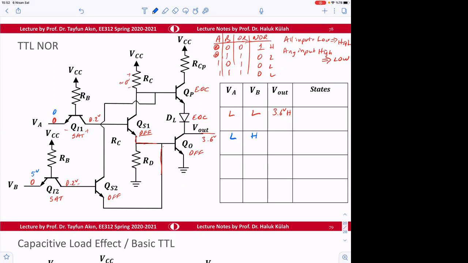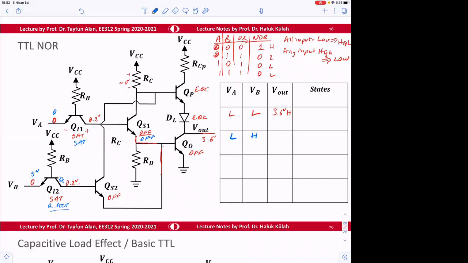If we apply 5 volts, what is the state of QI2? This junction is on. Reverse active, yes. So this one will still be sat. Since this is still sat, this will still be off. But this one is reverse active.